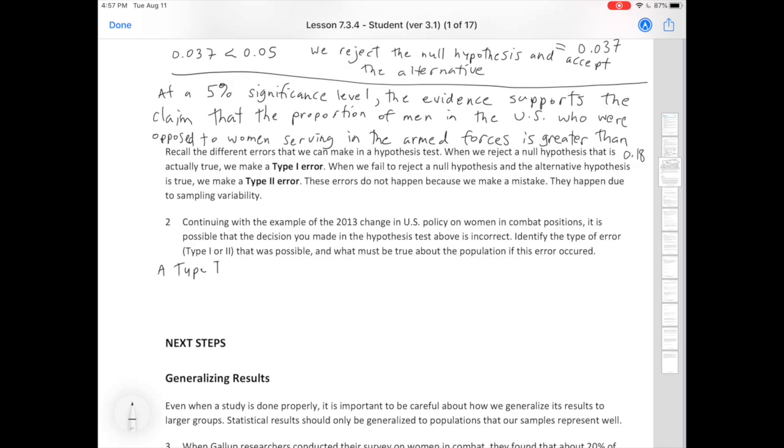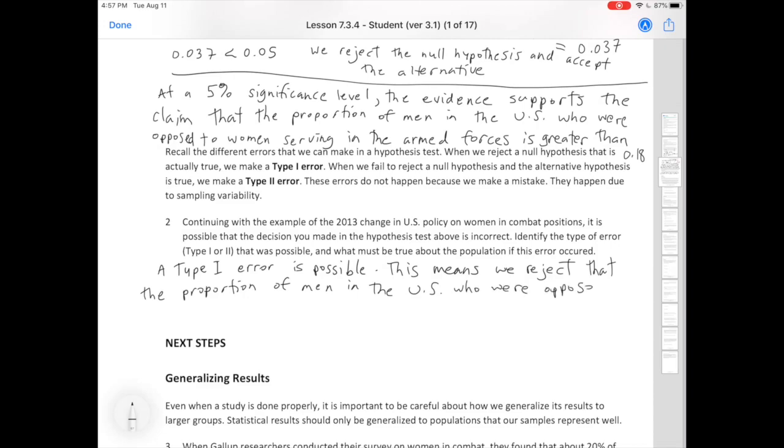A type 1 error is possible. This means we reject that the proportion of men in the U.S. who were opposed to women serving in combat positions is 0.18.